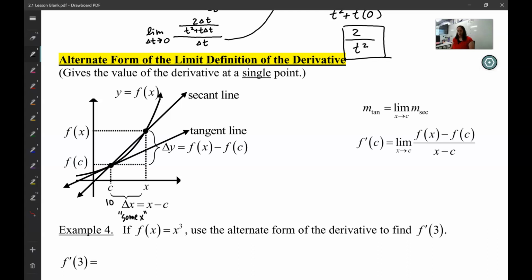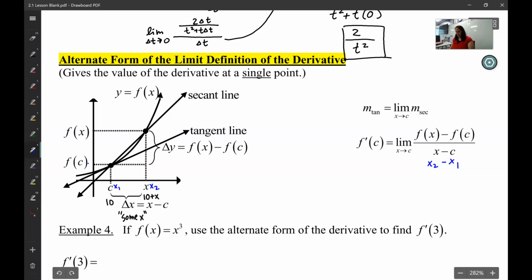Now this is the point that I don't know. So this would be 10 plus some stuff. So if I wanted to still do my x2 minus x1, now I have this for x2, that for x1, and that's how I get this new denominator right here.